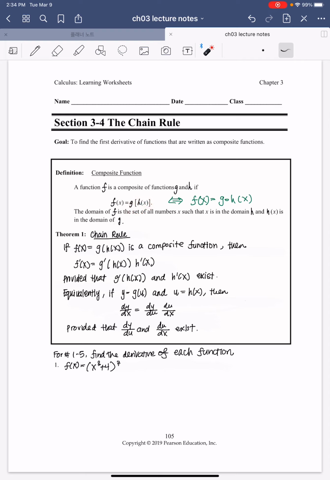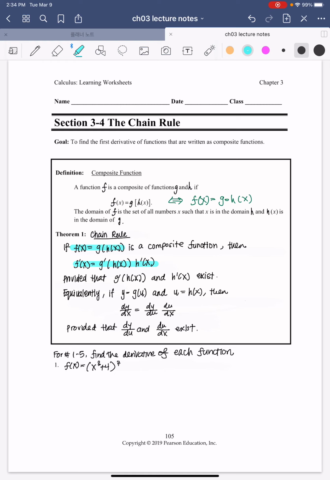So the chain rule for a composite function goes like this. If f of x equals g of h of x is a composite function, then f prime of x is g prime of h of x times h prime of x.